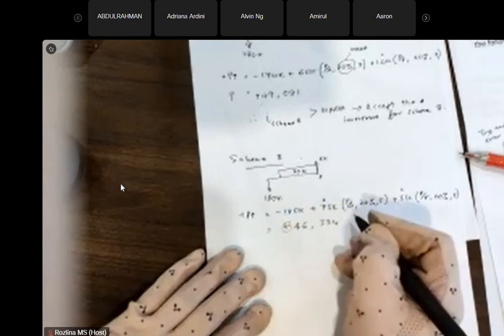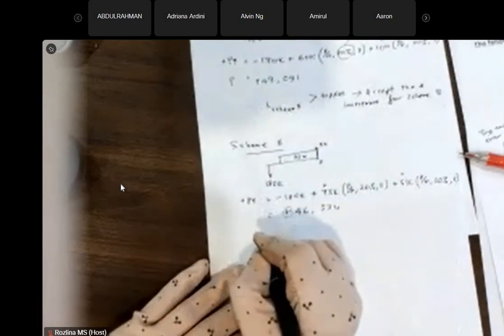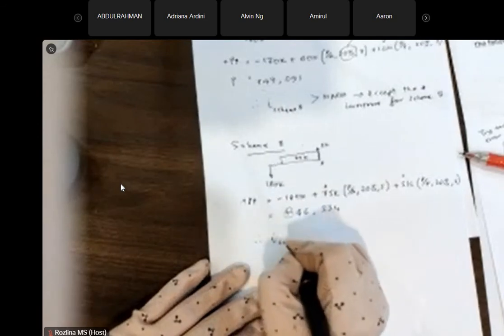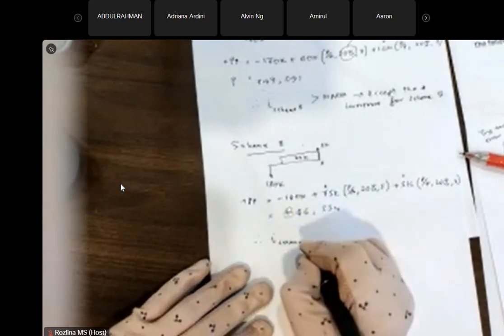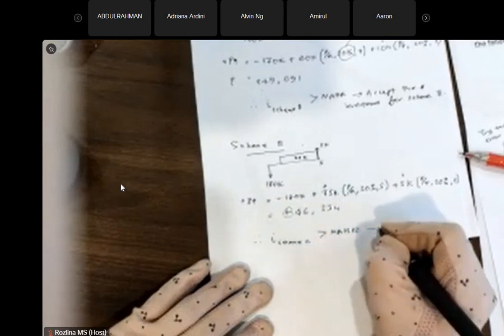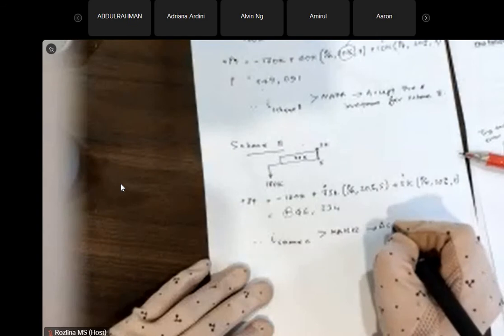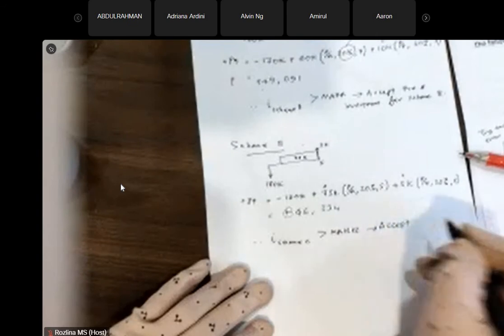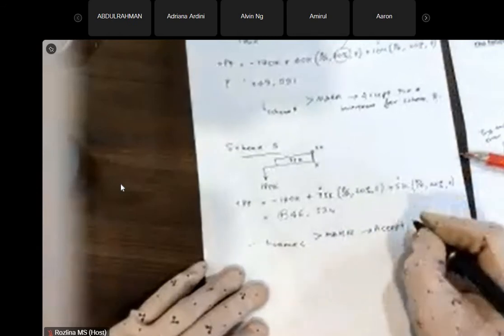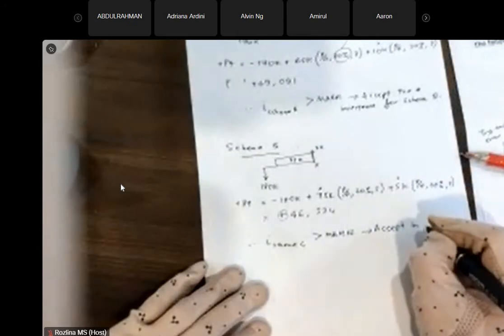So positive. So sama juga. So that means I for scheme C is more than MARR. So you can accept, bukan wajib. Dia kata dia suggest you can accept lah the investment ni.